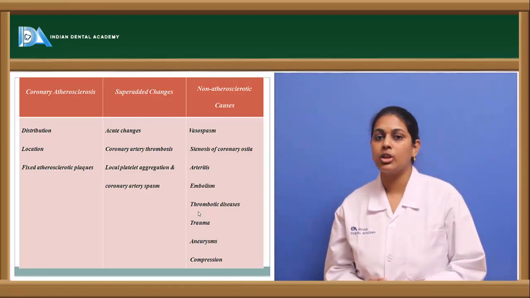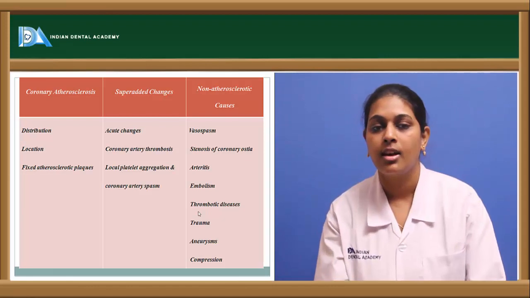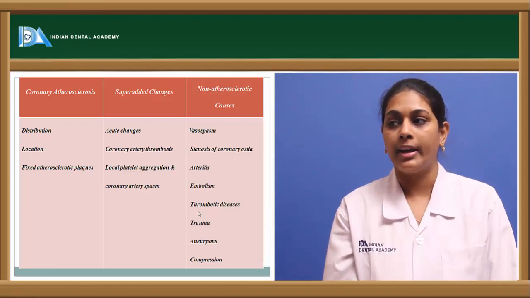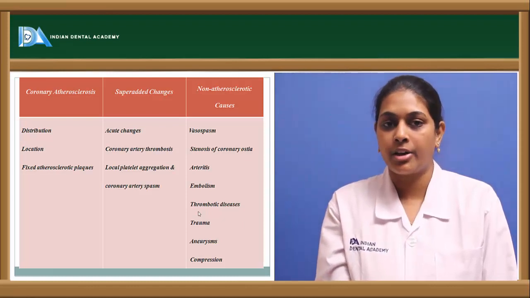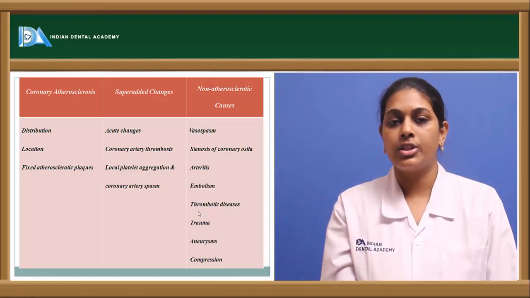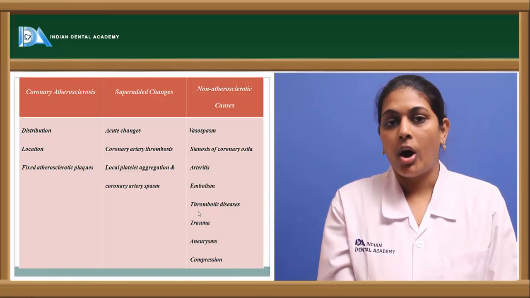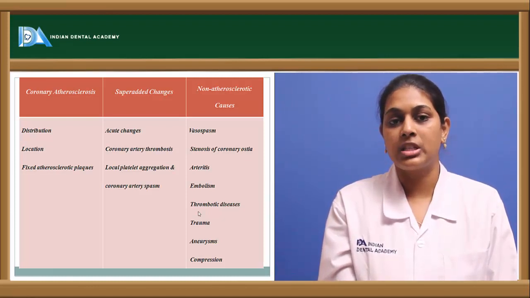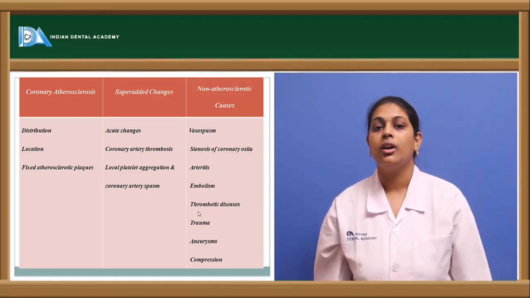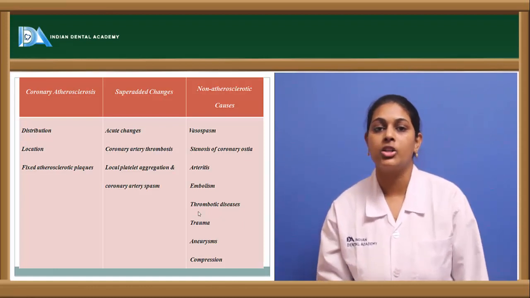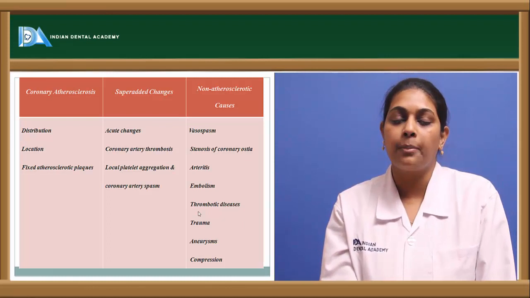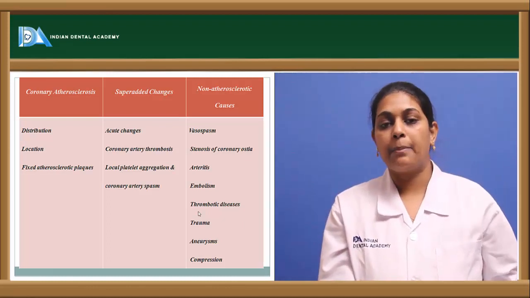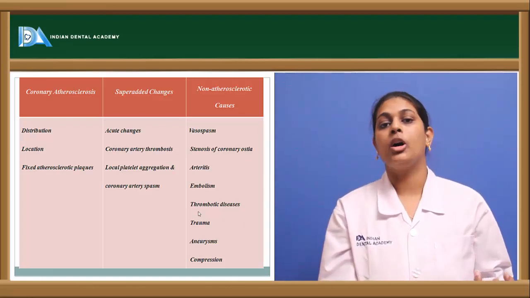Then the next, coming to the non-atherosclerotic plaque causes, they include vasospasm or any arterial inflammation, because of any direct injury or any drug-induced injury or chemical injury, or otherwise it could also be because of the stenosis of the coronary ostia. That is, the coronary ostia shows stenosis because of incomplete or inadequate blood being passed through it, or because of embolism.